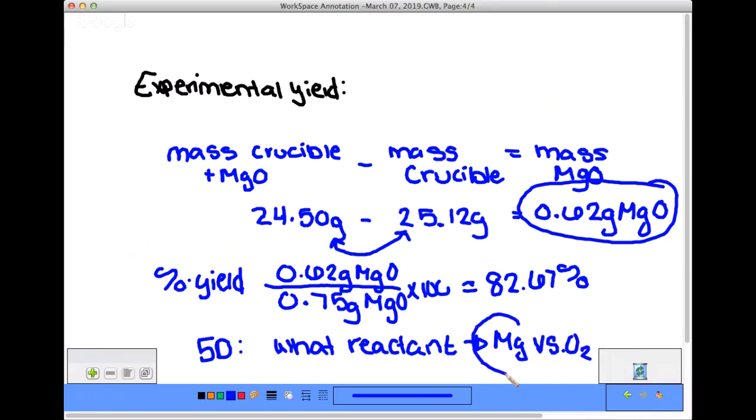Our limiting reactant is our magnesium, because that's what's going to be consumed first. We have oxygen all around us, so that's our excess reactant. So I'm going to put not Mg, but limiting reactant, Lr. That's going to stop my reaction because we're going to consume all the magnesium, but there's still going to be oxygen left over in the air for us to react.